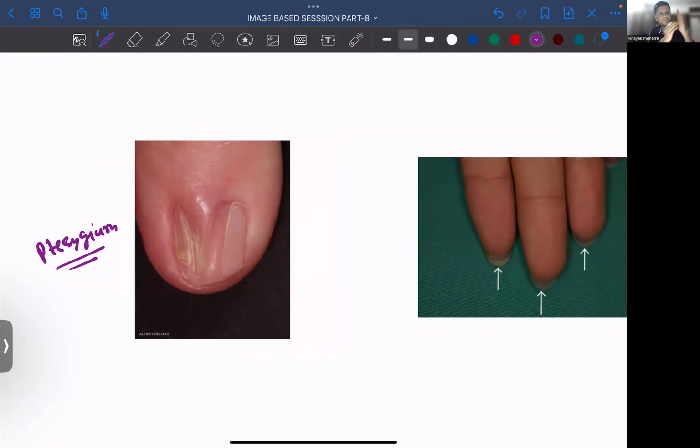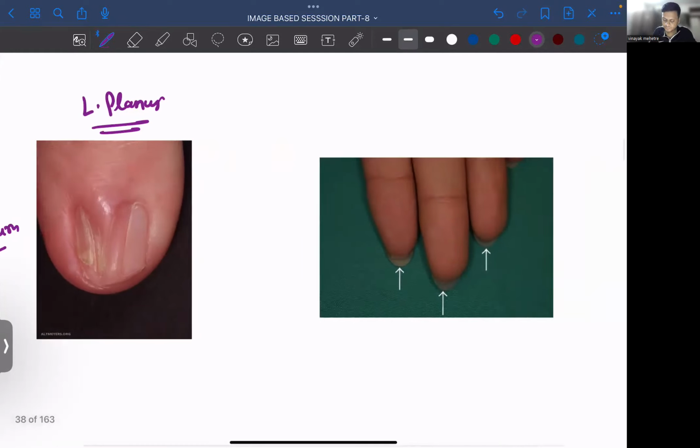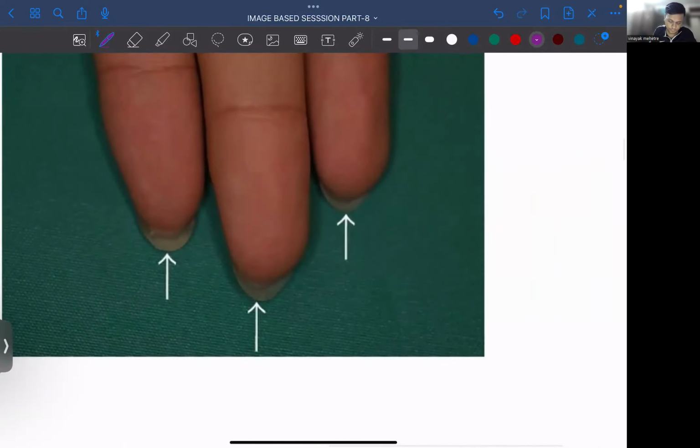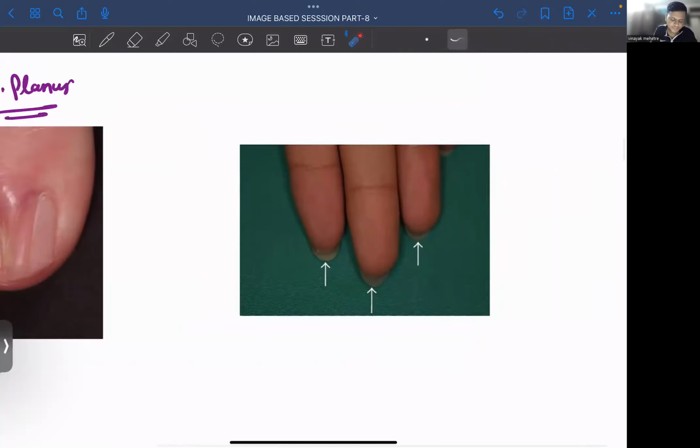So this is dorsal pterygium. Dorsal pterygium is seen in lichen planus. If it were on the underside, it is called ventral pterygium.